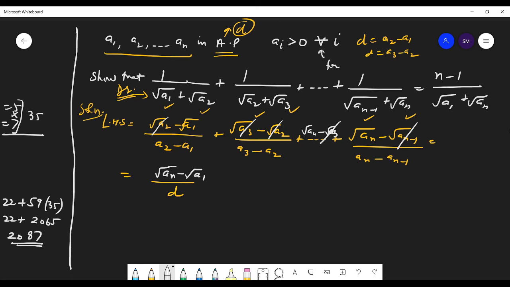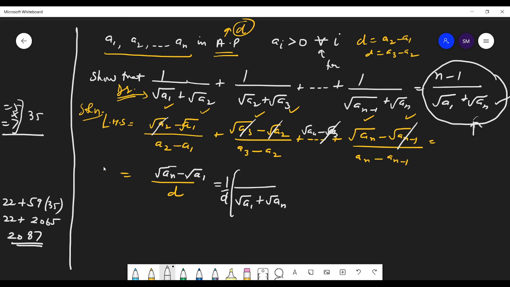So this time rationalize the numerator. Earlier on we rationalized the denominator, and this time we are rationalizing the numerator. So what do you get, students? So multiply and divide with under the root a1 plus under the root an. So what do you get here? This is what you will get. Agreed or not?